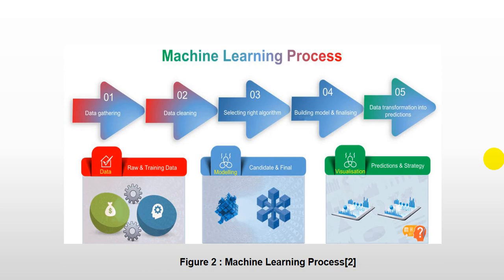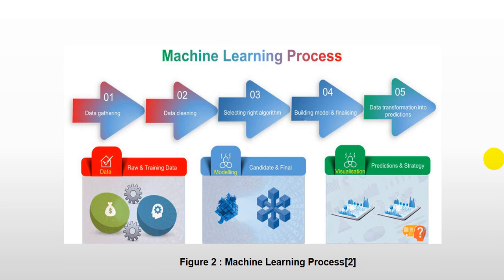Now let's see the machine learning process. In this process we have 5 steps, of which the first step is data gathering. In this, raw and training data is collected. The second step is data cleaning, where data is cleaned. Third is selecting the right algorithm. On the basis of cleaned data, the right specified algorithm is applied.